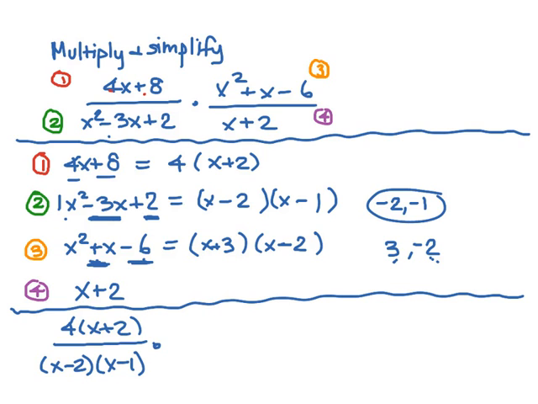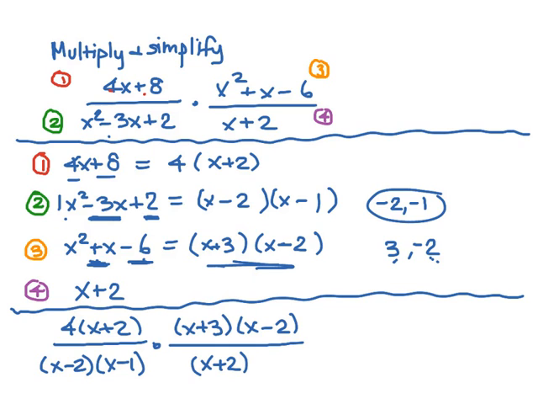Now I'm going to multiply that by this expression here, so I have x plus 3 times x minus 2, and then I simply have an x plus 2 down here in the denominator. I'm just going to put that in parentheses to remind me that that stays together.